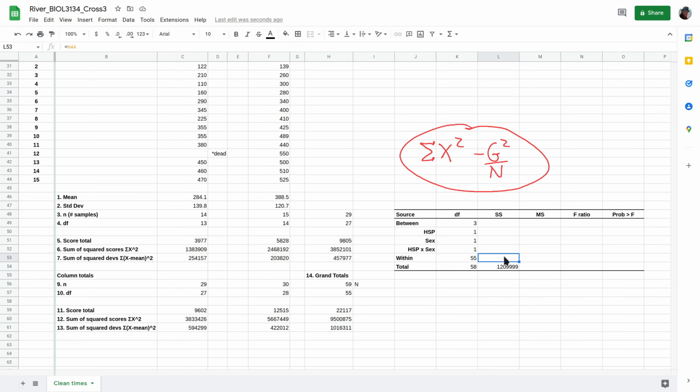Okay. And then next, our sum of squared deviations within is simply the total of all of our squared deviations. And then lastly, our sum of squares between is simply the total minus the within.